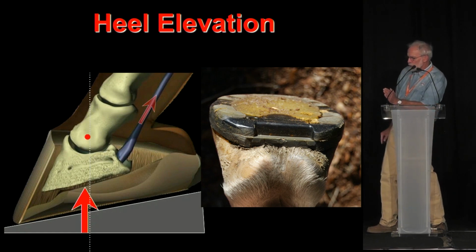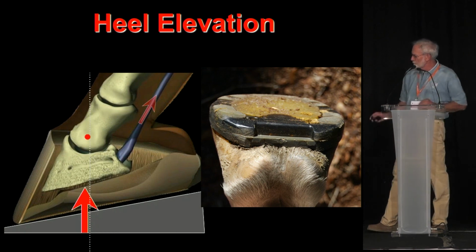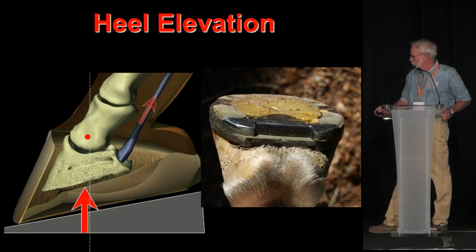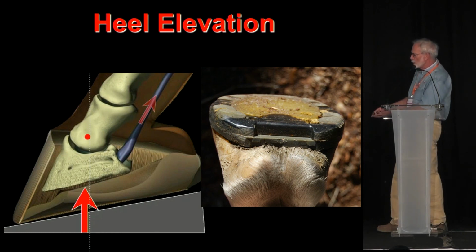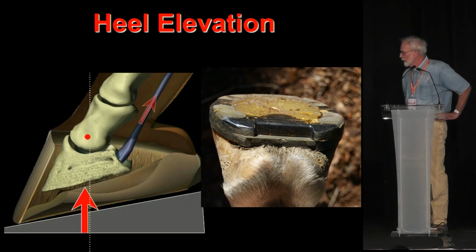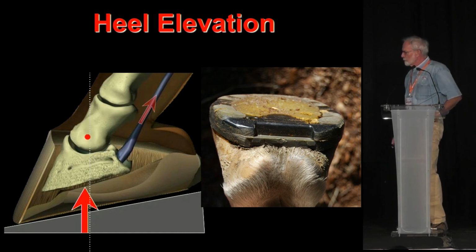So the ground reaction force moves back toward the heel, but you have to think about it because you need the structures back there so you don't put too much pressure on the heels.